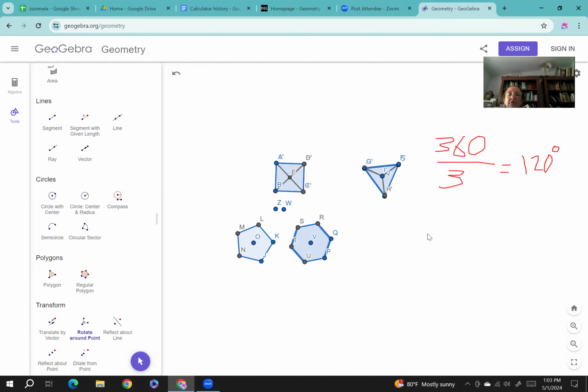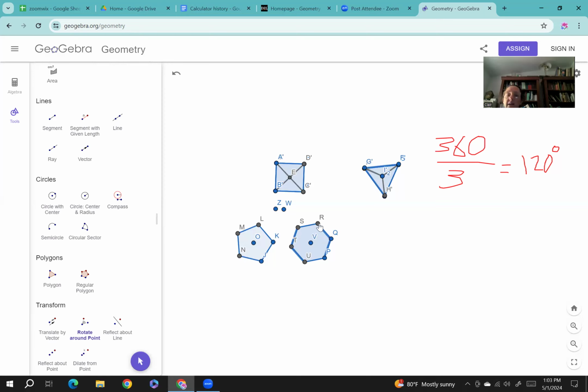All right, if you wanted to find more of the central angles, you could continue using this formula here. 360 divided by the number of sides gives you the turn symmetry for that figure. So a triangle has 3 sides. So 360 divided by 3 gives us 120-degree turn symmetry. On the hexagon, it has 6 sides.